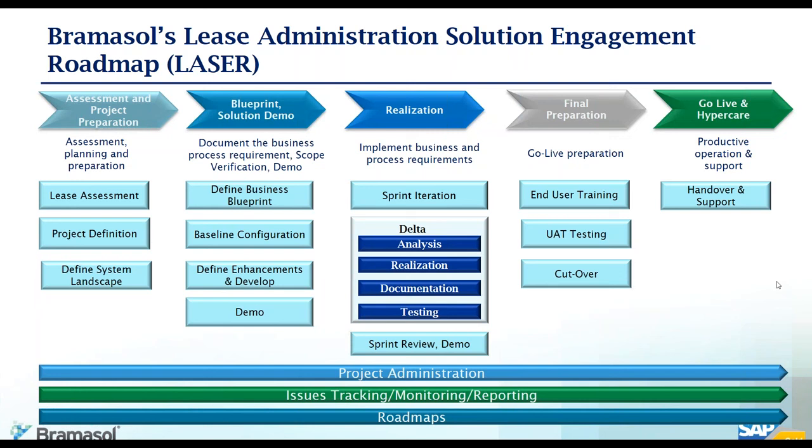In certain clients, they say, look, we have to start with US compliance first, then go to IFRS later on. Those are part of the roadmap discussions. Certain companies, because of the magnitude of the impact, the number of leases they have, and complexity, may want to stage it in different phases.